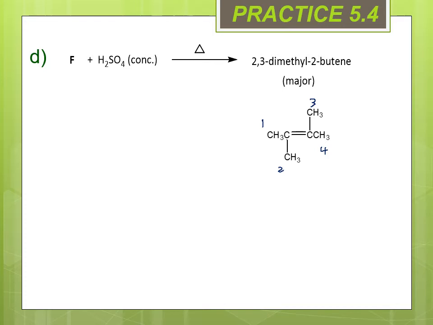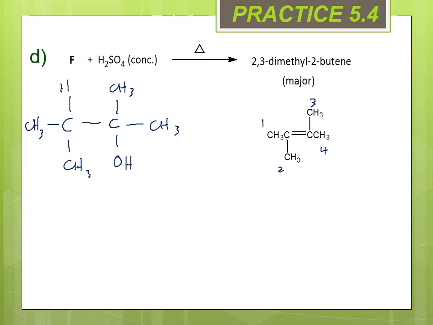So all we have to do is just copy down all the methyl groups that we have, 4 of them, and we should be able to choose any of the carbon to add the hydroxy group and the hydrogen atom.